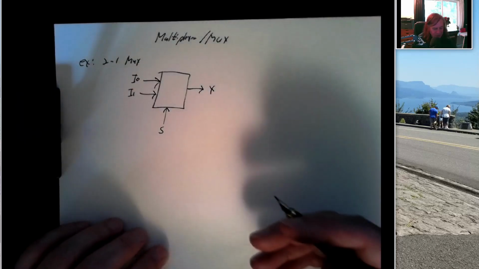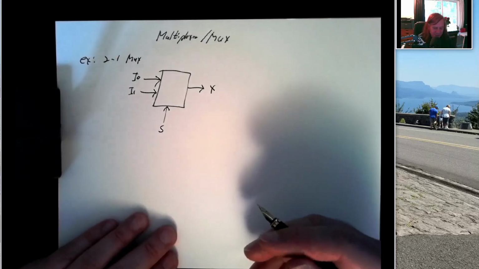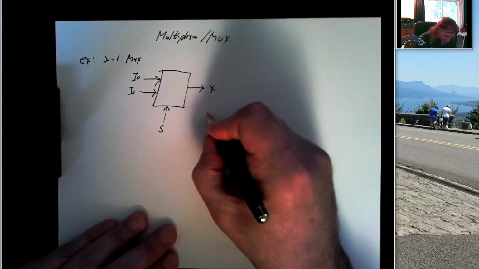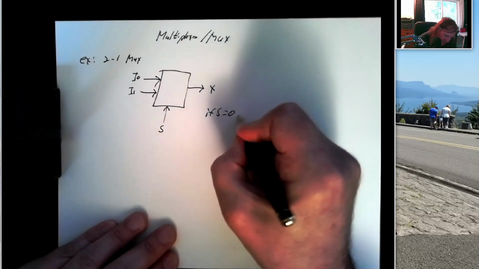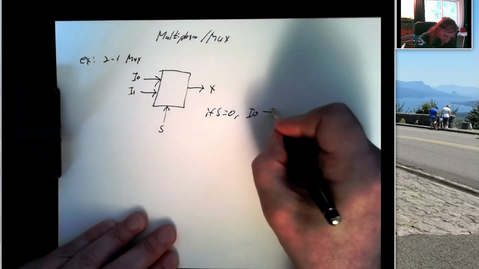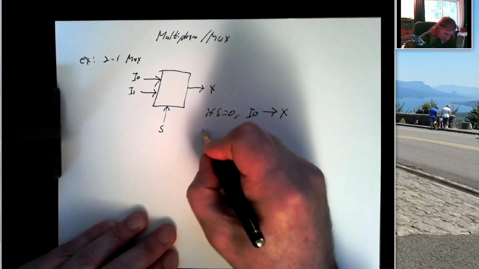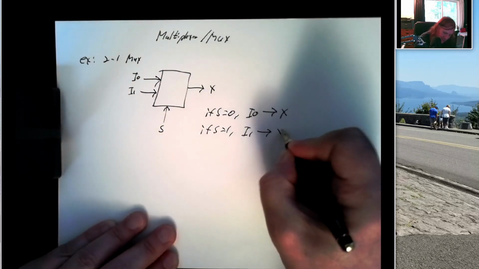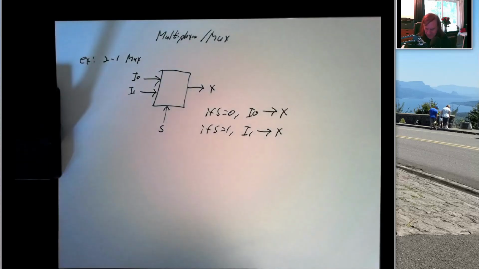Now, we could write a truth table for this, but there's a functional way to understand what this circuit does. If S equals 0, then input 0 gets sent to X. If S equals 1, then input 1 gets sent to X. So this is a steering circuit.